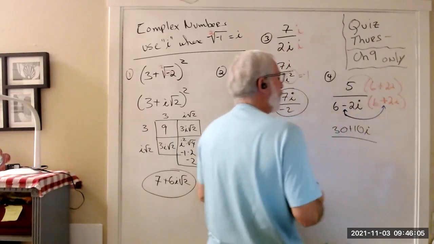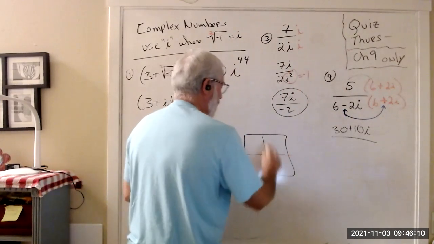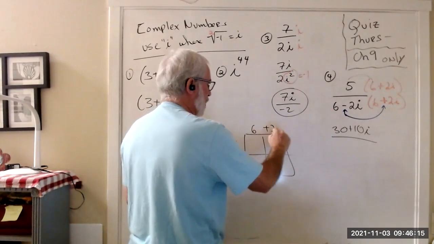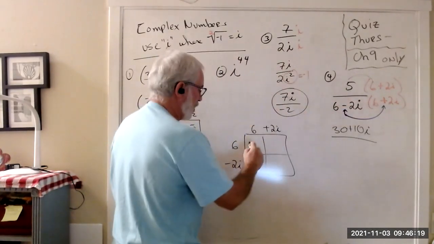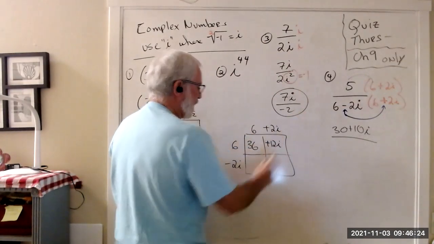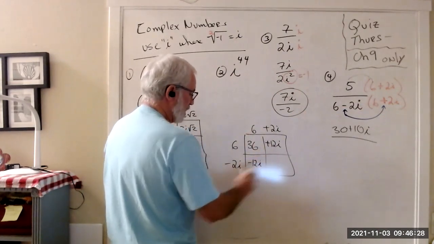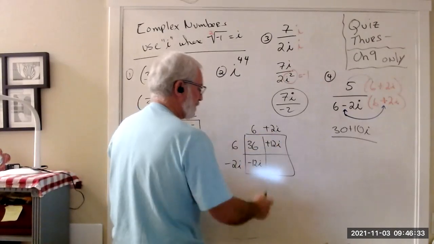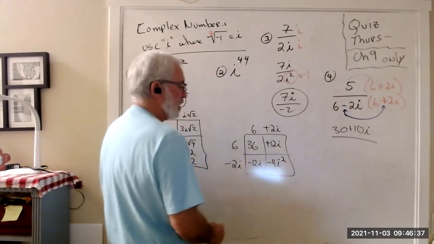When you FOIL these or multiply these together on your scratch paper, 6 minus 2i, 6 plus 2i, you get 36 plus 12i, 6 times 2 is 12, minus 12i, negative 2 times 6 is negative 12i, and negative 2 times positive 2 is negative 4i squared.